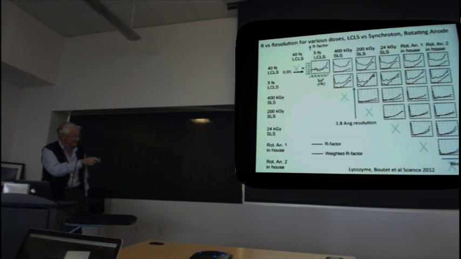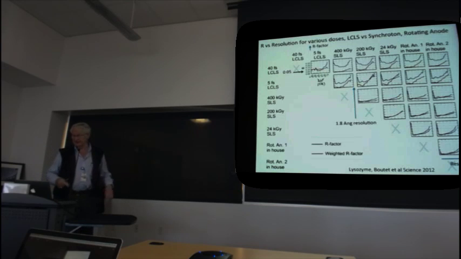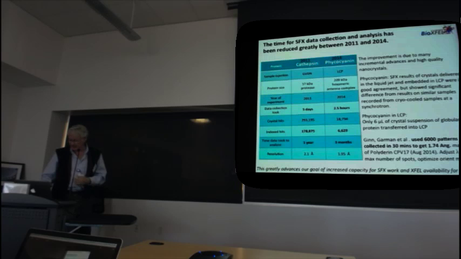One LCLS and various synchrotrons and lab sources. So this is a good comparison. Now I should say that this was done in the days of, I think, the second generation of detectors. We're now on the third generation, which is much better. So if this were repeated, the results would be better. Again, you'll have copies of this given to you so you can study these in detail later.